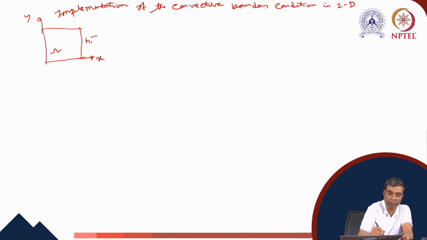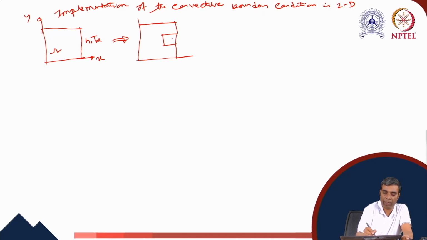At the right side boundary, we have the convective condition. So we consider a bilinear quadrilateral element at the right boundary, with local nodes 1, 2, 3 and 4.